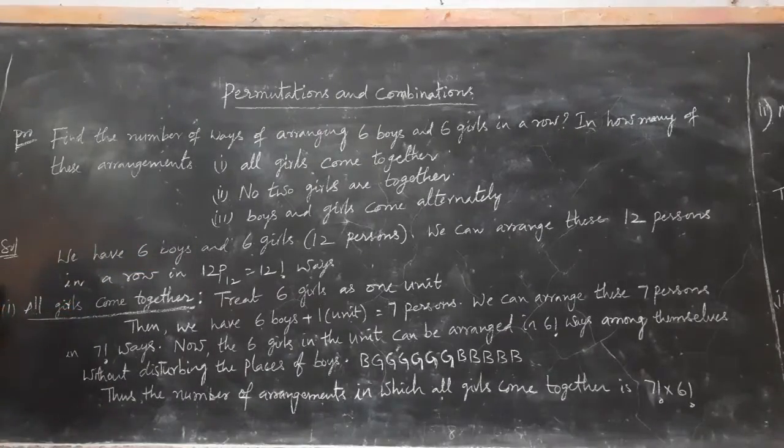So first of all, look at the first question: find the number of ways of arranging 6 boys and 6 girls in a row. There is no condition.